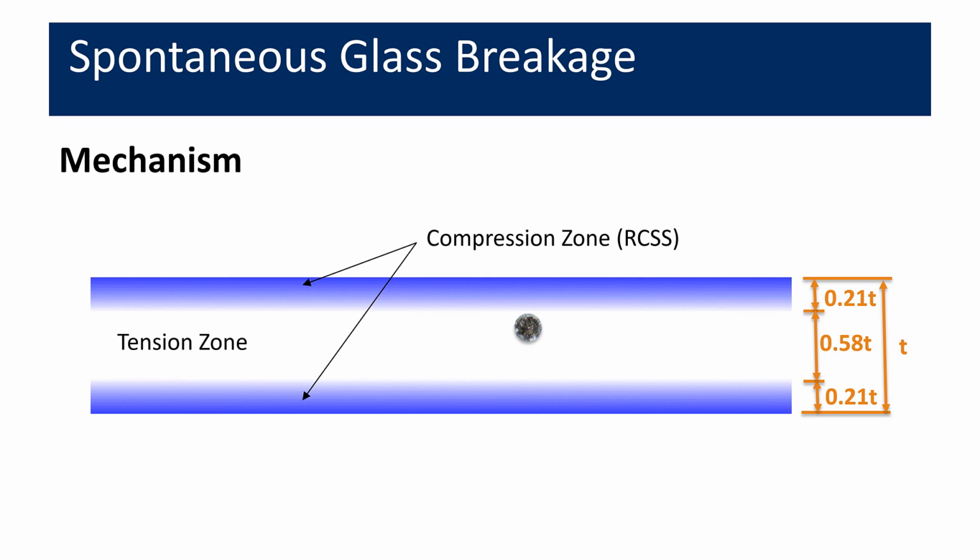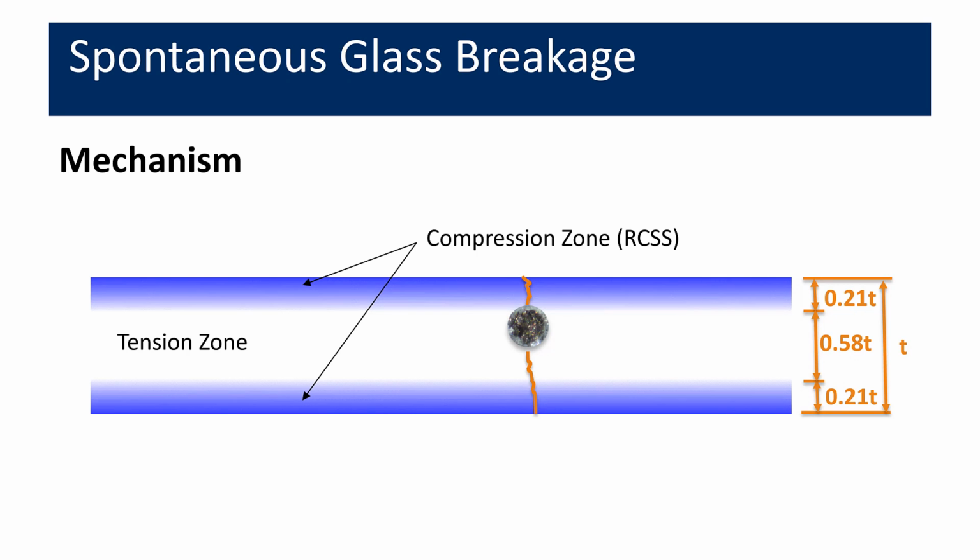And then when it's put up on the side of the building, it can subsequently expand. And if it's located in the central 60% of the glass thickness in the tension zone, it can propagate a failure. Now, the start of this phenomenon can take months or a year or so, depending on the location, type, and size of the inclusion, as well as exposure conditions.